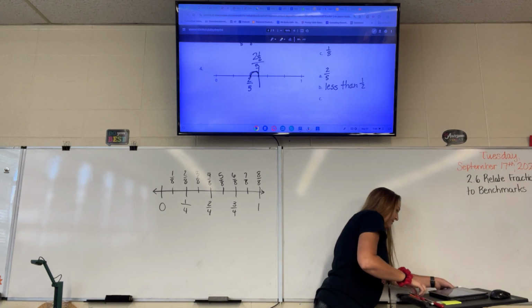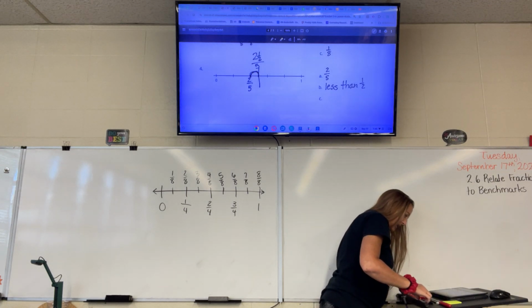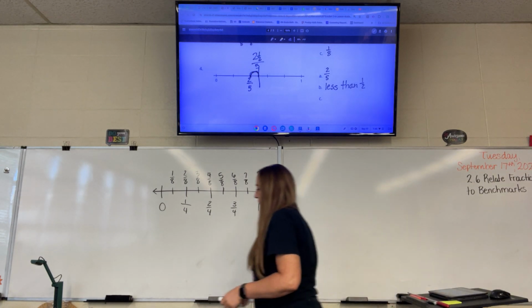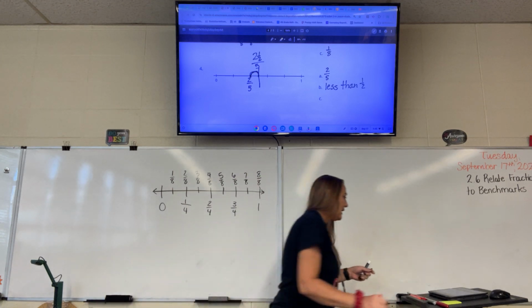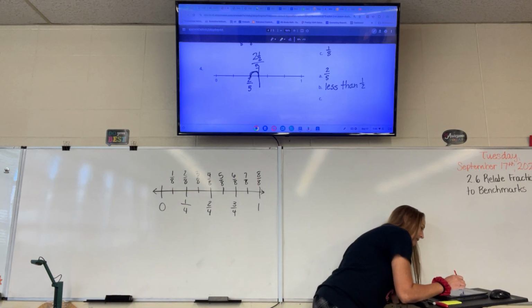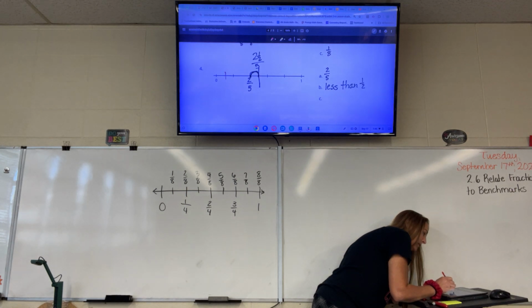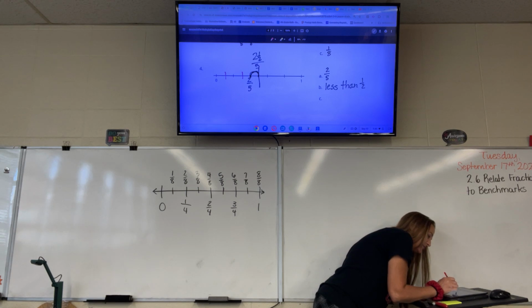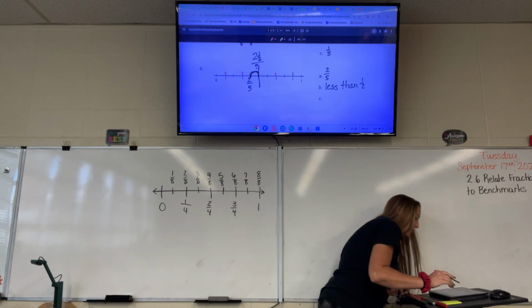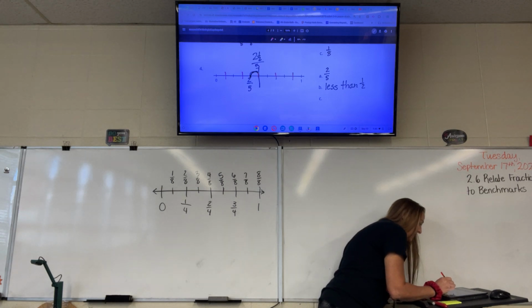Where did I put my pen? I keep setting it down. Okay. Watch. Here's what I'm going to do. I need to cut all of these sections in half. And when I do that, how many sections do I have now?